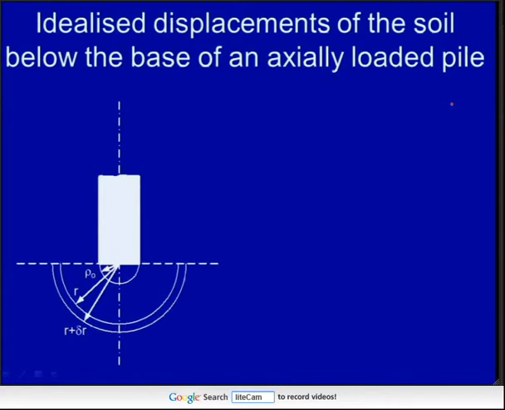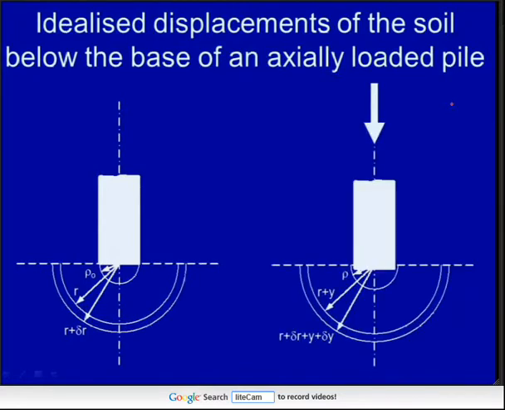That's what we're viewing there. When the pile displaces downwards, there's a very complicated zone of shearing right around the base of the pile, but once you get away from that, the soil is largely pushed backwards, and the mode of deformation is very similar to what you get if those hemispheres were increasing in size.